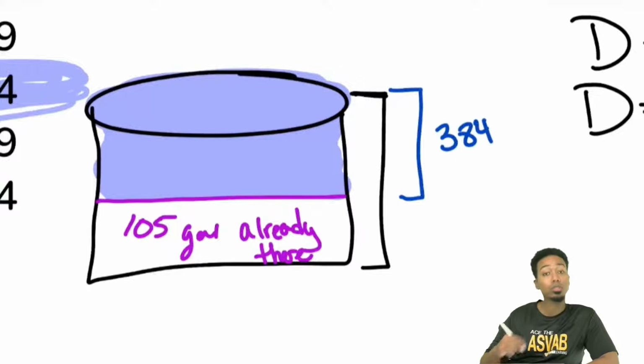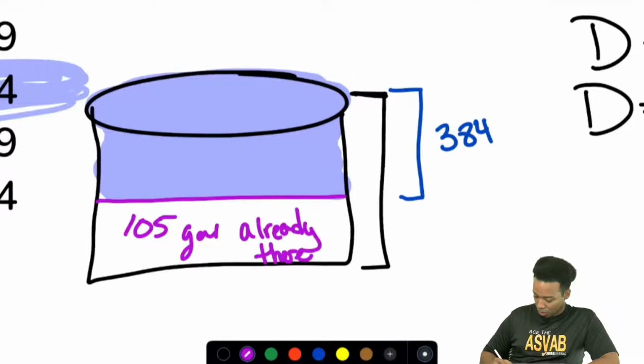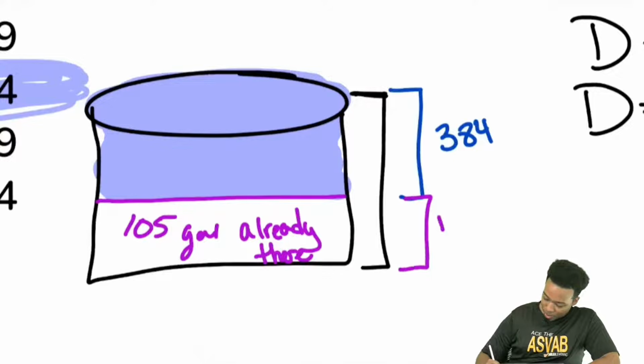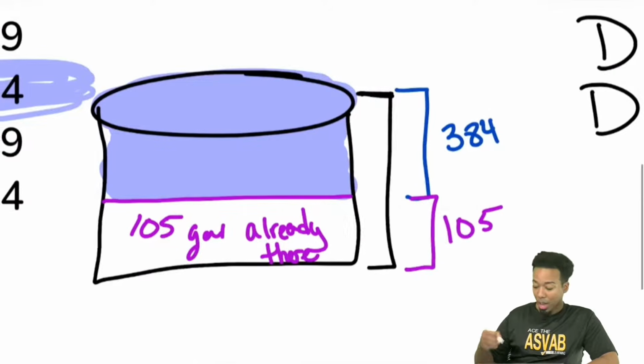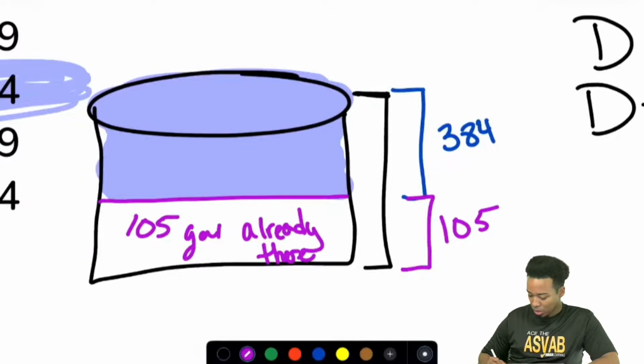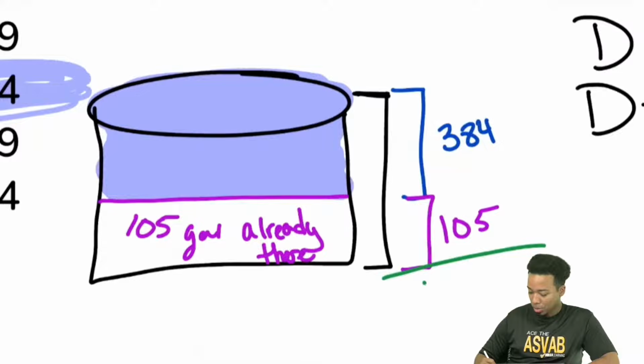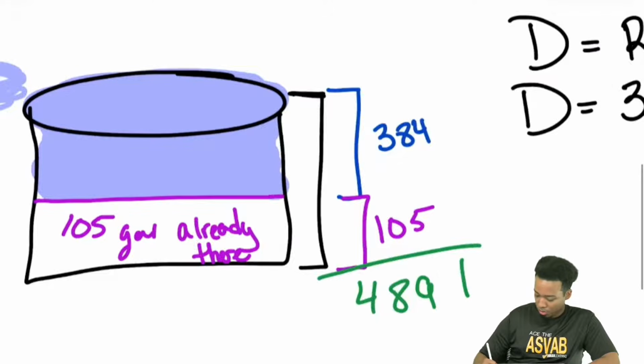But what we failed to realize was that we still had the 105 from here that was already there. And when we add that and get the total, that's actually going to be 489 total.